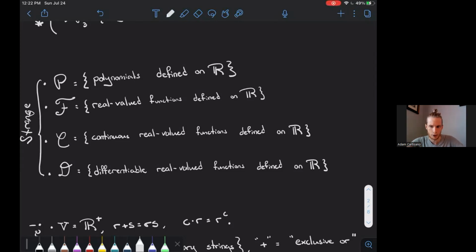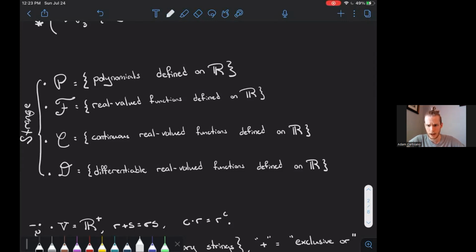And all polynomials of any degree, that is a vector space, and the vector addition is add two polynomials together, and the scalar multiplication is just scale your polynomial by a number. That forms a vector space. You can check that it'll satisfy all 10 of the properties that we laid out in the last slide.